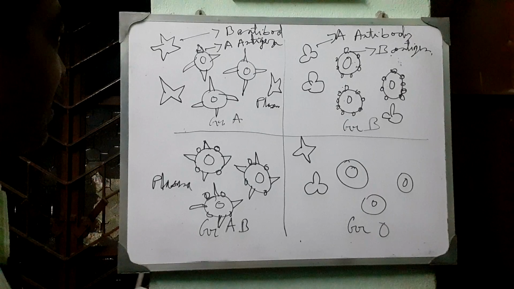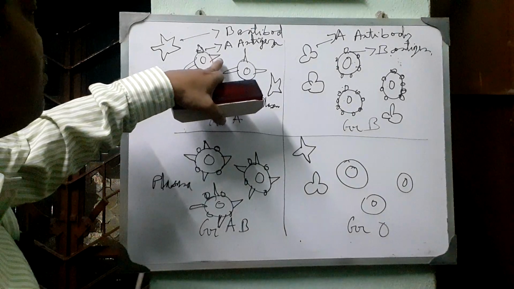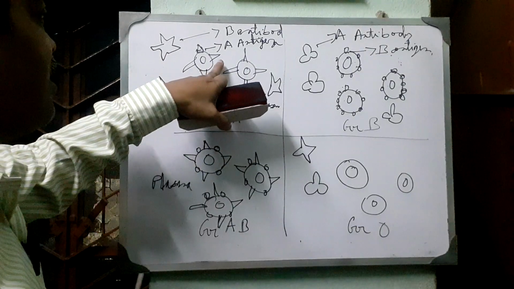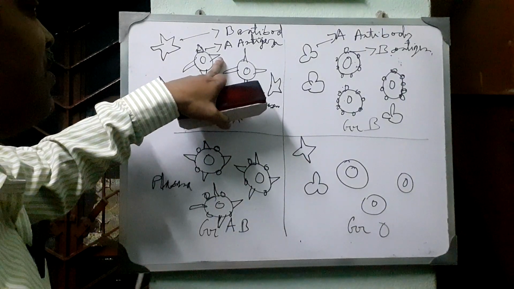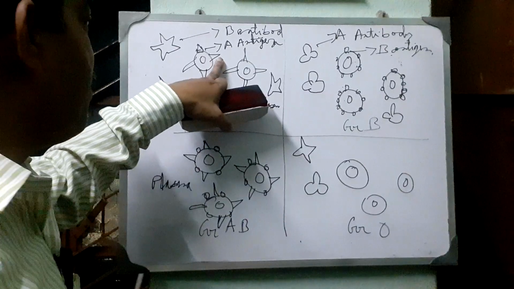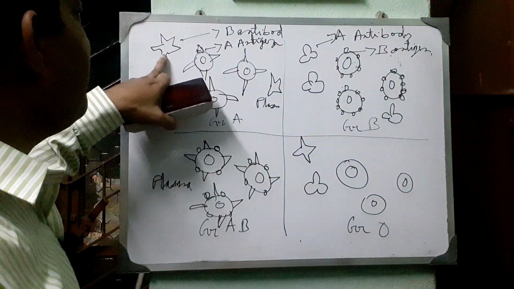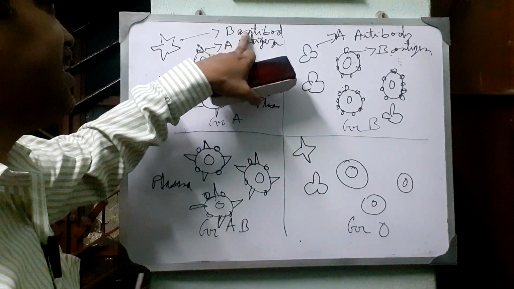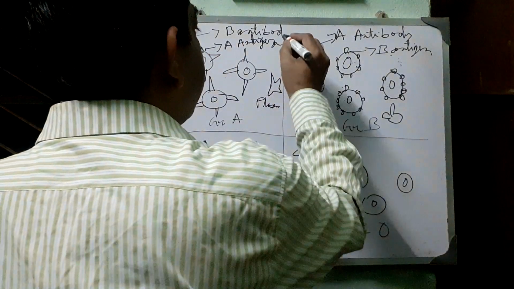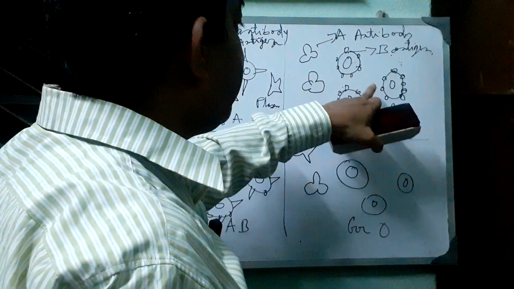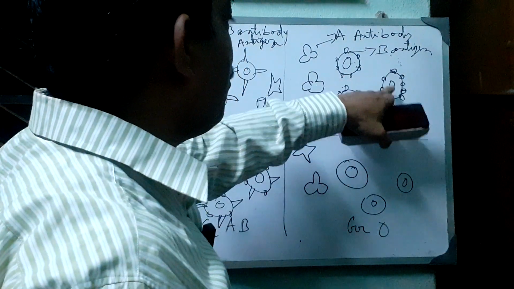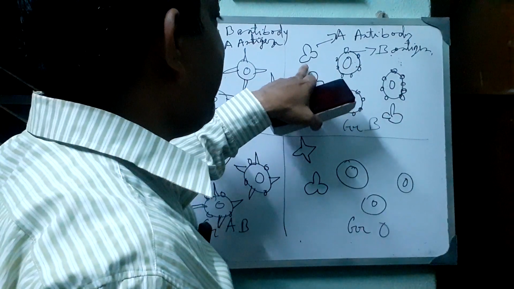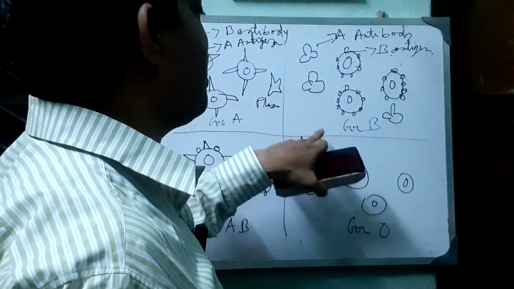So in group A, the A antigen is the self antigen of this particular blood group, so the A antibody will not be present here, that's why it will not happen. In case of B group blood, B antigen will be present, but A antibody will be produced in the plasma.